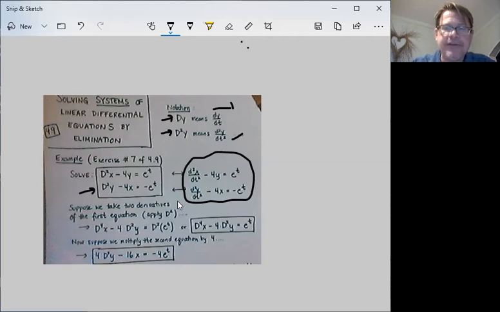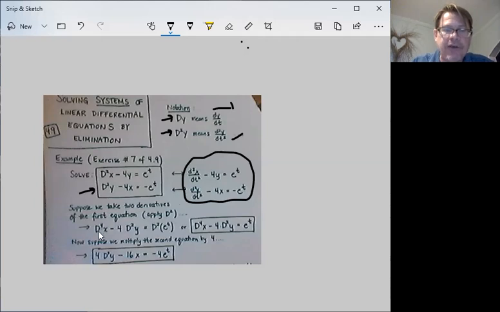For the first equation, the one involving the second derivative of x, what I've chosen to do is to take two derivatives of that equation with respect to t. Another way of saying that would be to apply the D squared operator to both sides of that equation.